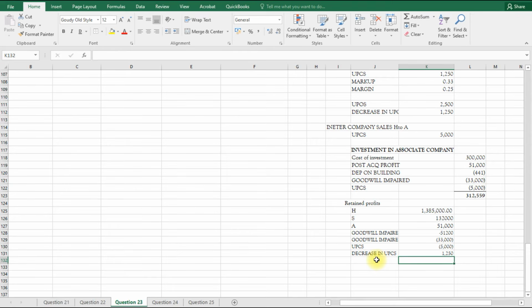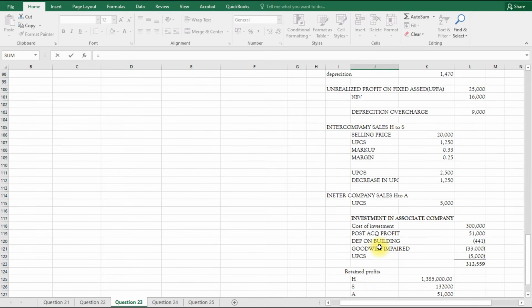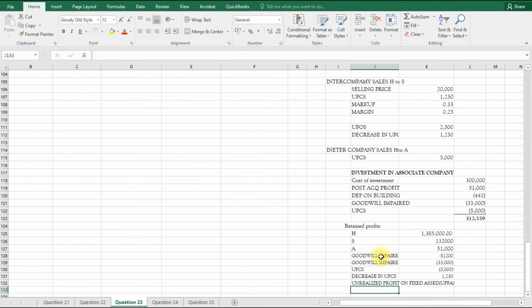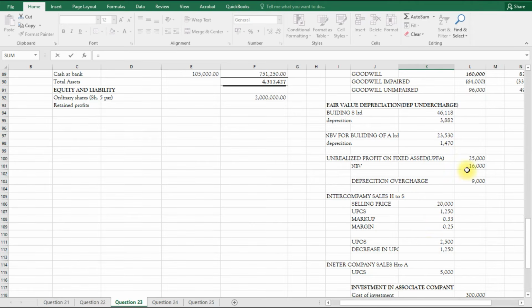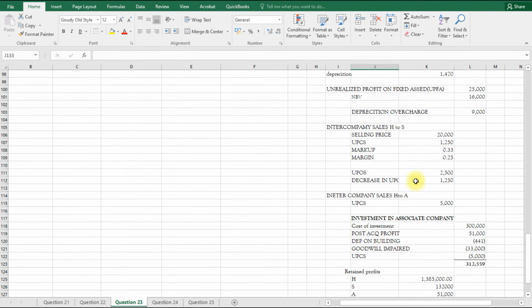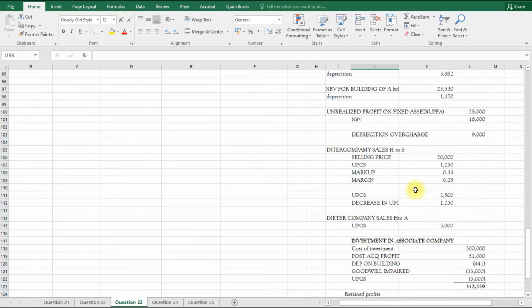Then we had the UPFA. We shall minus UPFA, realized profit on fixed asset. This one we shall minus this value, realized profit on fixed asset, and the depreciation.